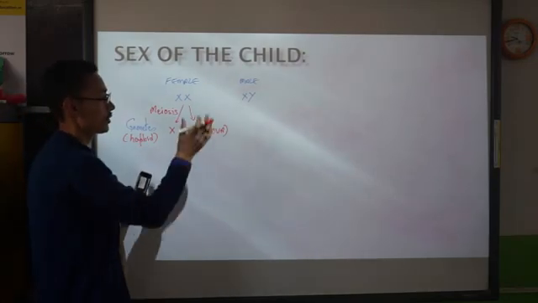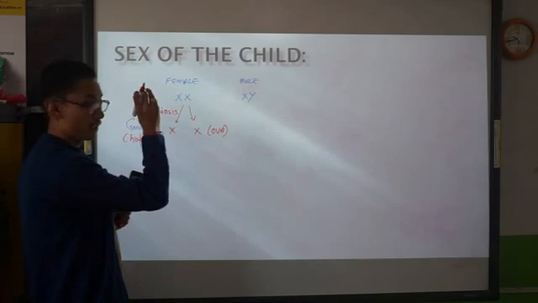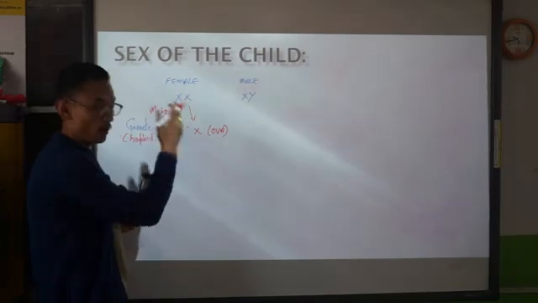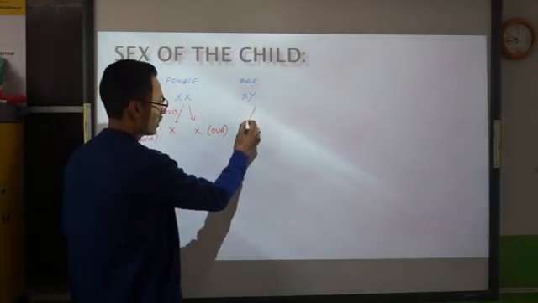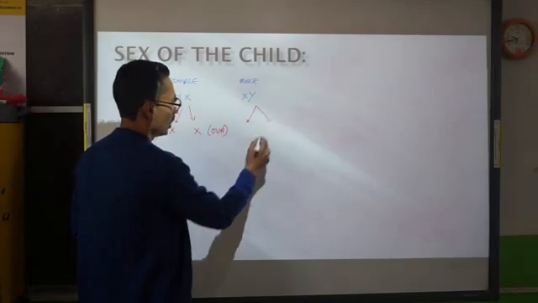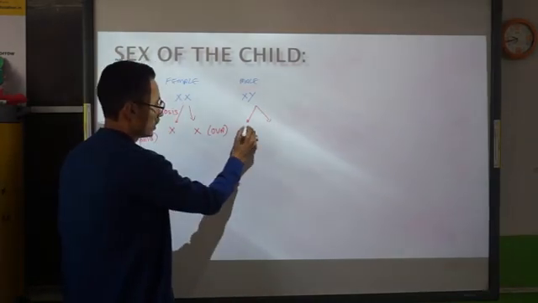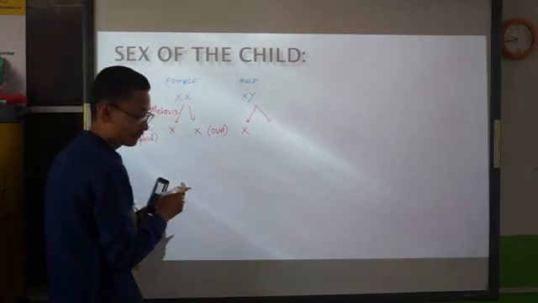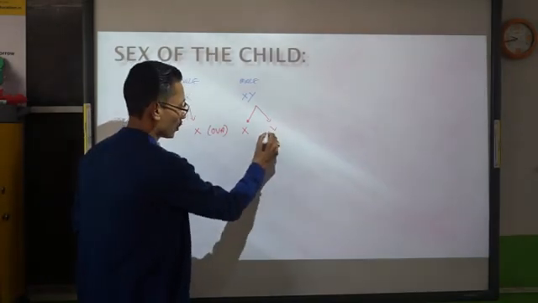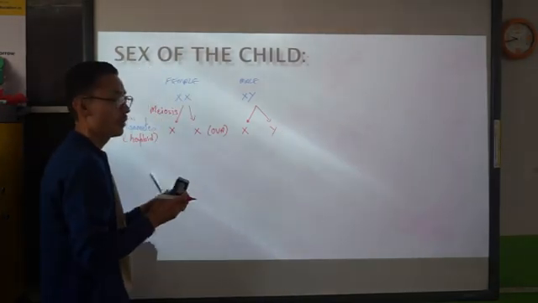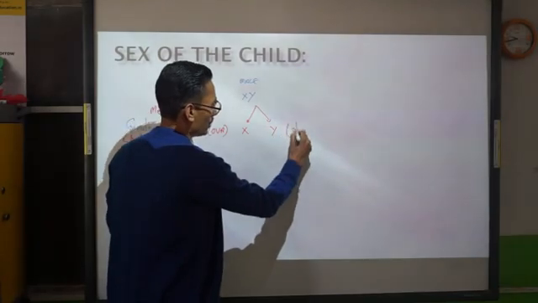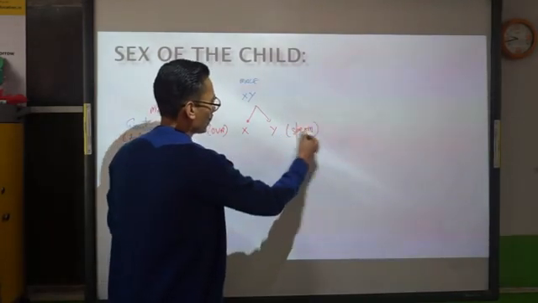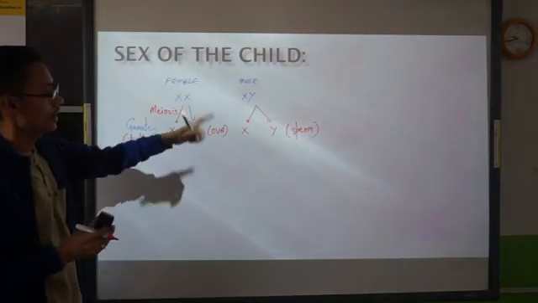Similarly, in case of male, the same type of cell division, that is meiosis, occurs, and therefore the gamete, that is sperm, which is produced, bears either an X chromosome or a Y chromosome. This is the sperm produced by the male parent.